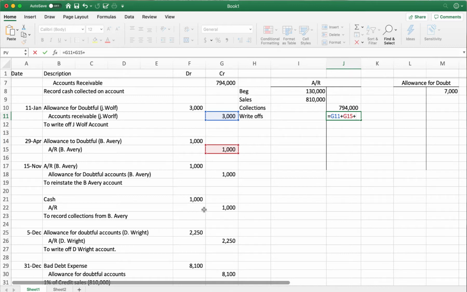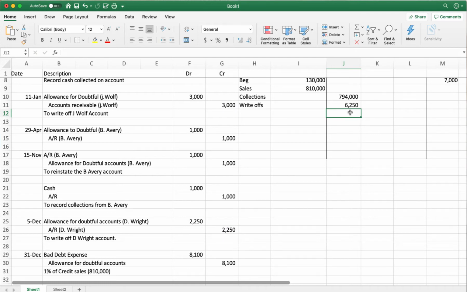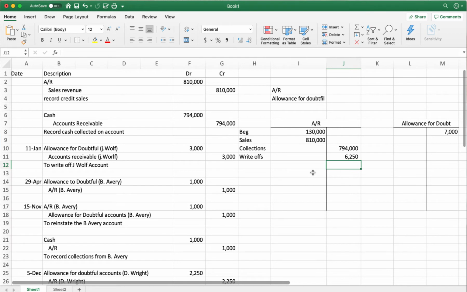So that cancels that out. Basically, I hit B. Avery 3 times. I got him out of accounts receivable, then I put him back into accounts receivable, and then I got him out of accounts receivable. So we're only going to count that once. And then I wrote off D. Wright. I have $6,250 of write-offs.